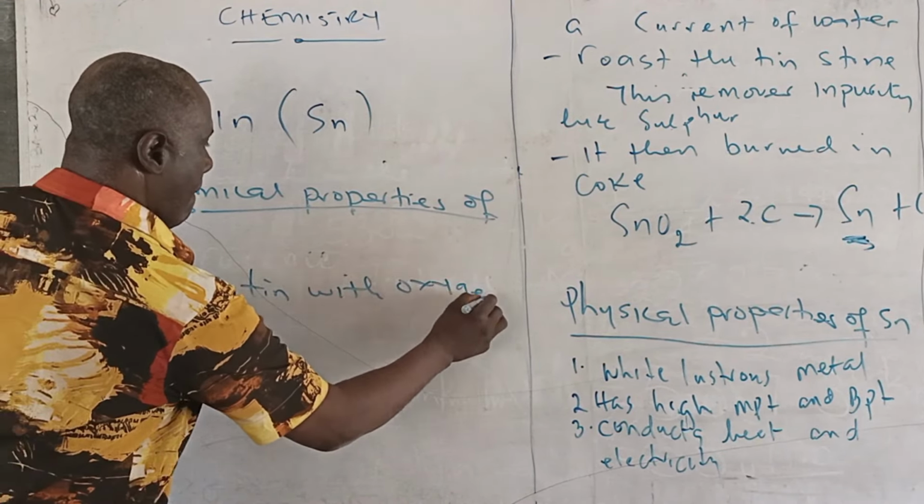You discover that tin is an unreactive metal, so you have to heat tin to a temperature of about 1,200 degrees centigrade to form tin peroxide. The chemical reaction is Sn plus O2 to produce SnO2.